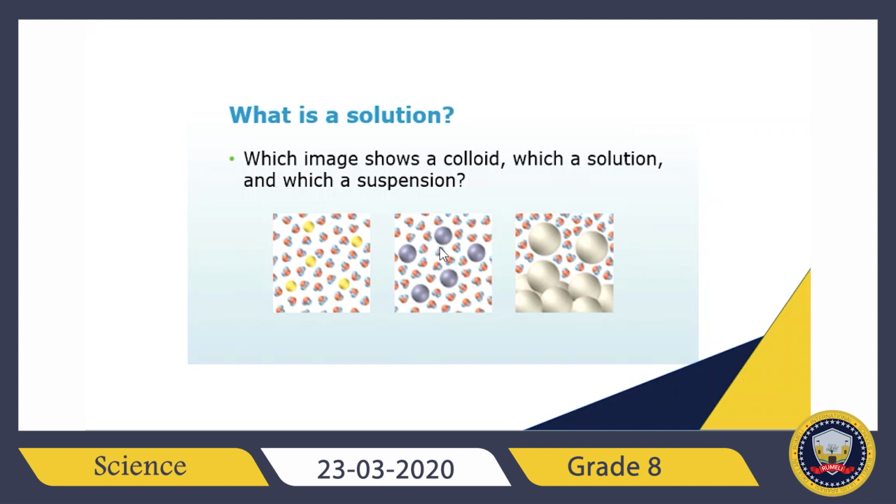Some of the light beams will be able to pass through the colloid, but some will be scattered by the medium-sized particles in the colloid. But for a solution, the light will pass through easily without being scattered or blocked.